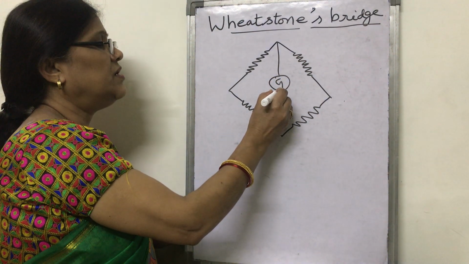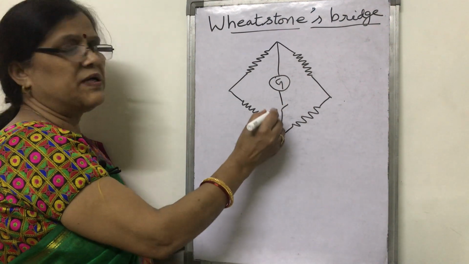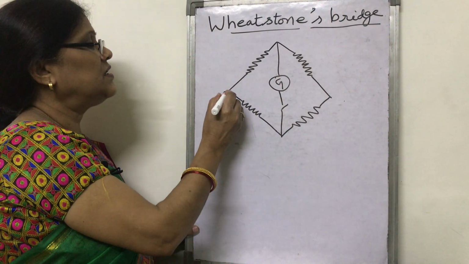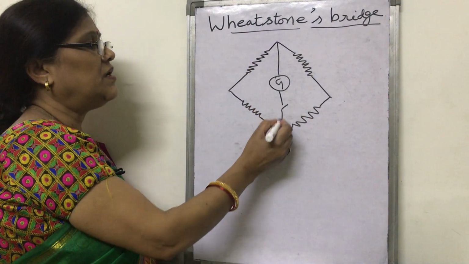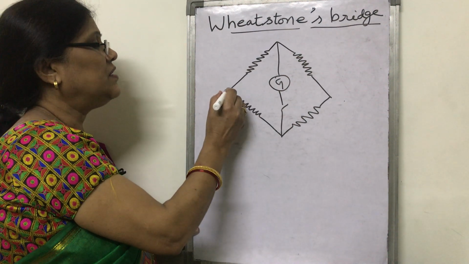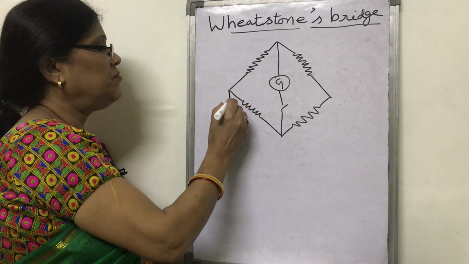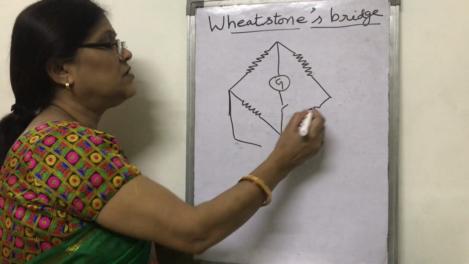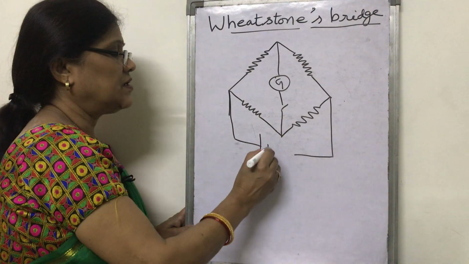Galvanometer is the device through which we detect the presence of current in a circuit. So that is connected. This is one diagonal. Here the galvanometer is connected with the help of a key, and this is the other diagonal. In between these 2 points, the cell is connected.